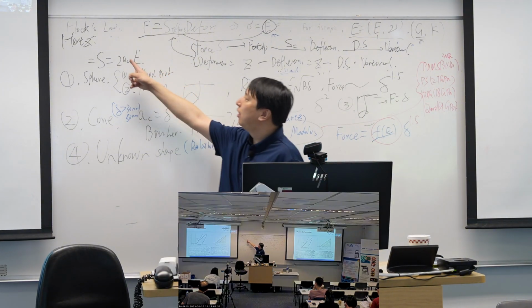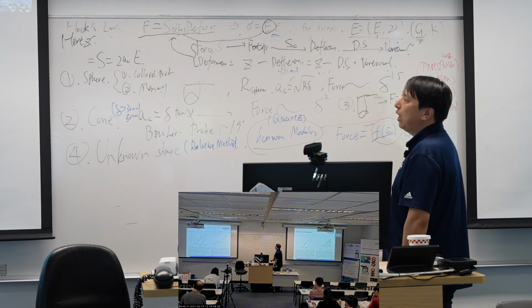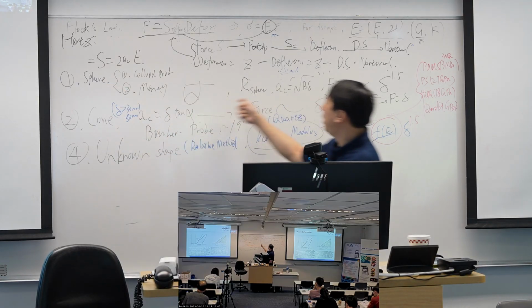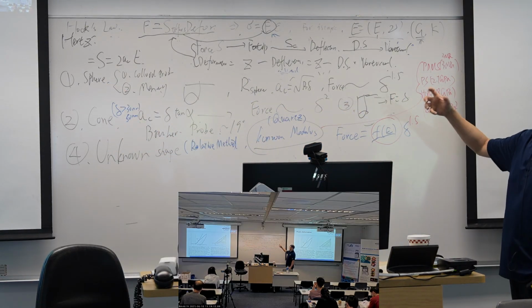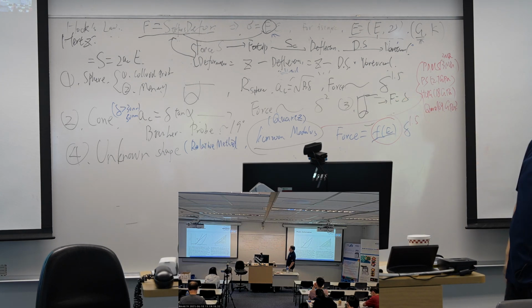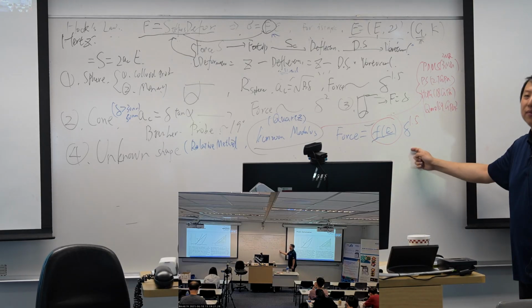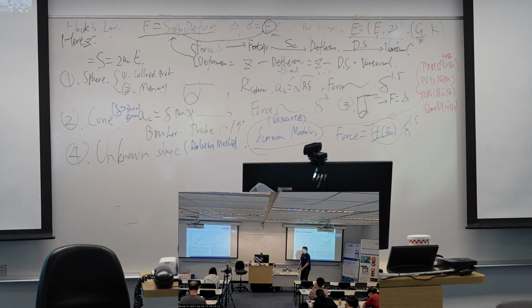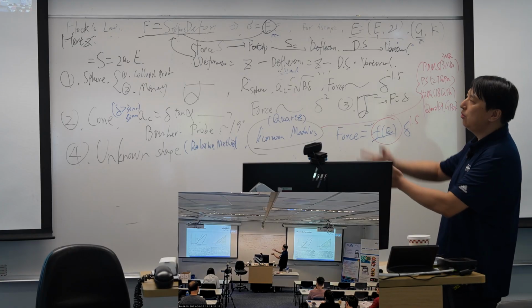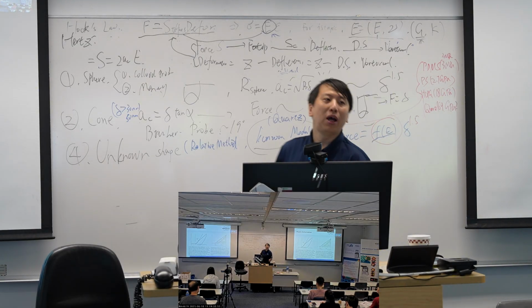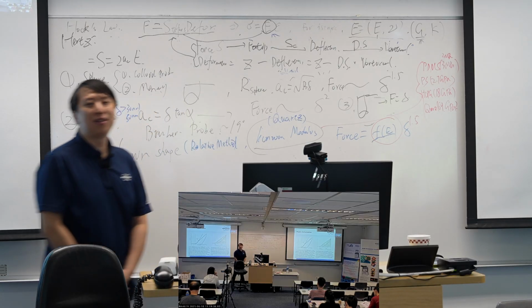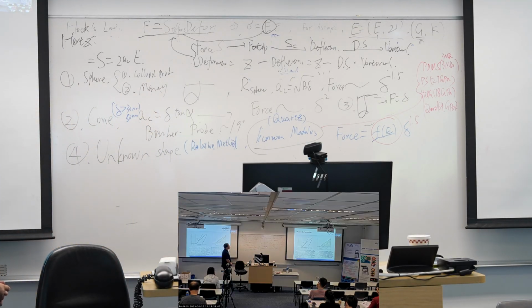We have sphere, we have cone, we have column. If our probe is not a specific shape, we need a relative method to get it out. So that's the whole idea of the contact mechanics. After that, you get the stiffness out, you get your shape, you have the modulus. That's the holy grail we are seeking.